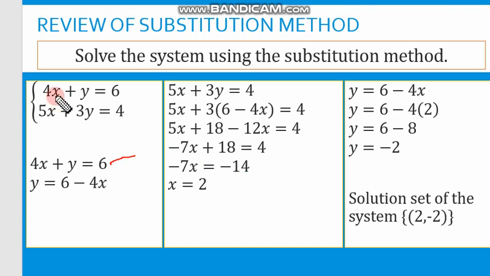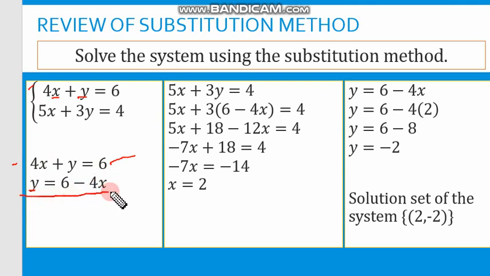The first equation is 4x plus y equals 6. We will arrange this to get either x or y. We will leave y on the left, so y equals 6, then transpose 4x, so negative 4x.